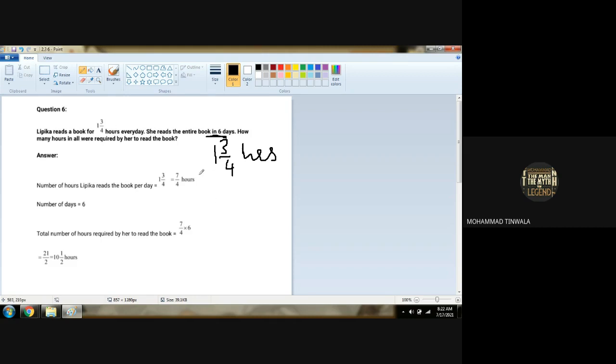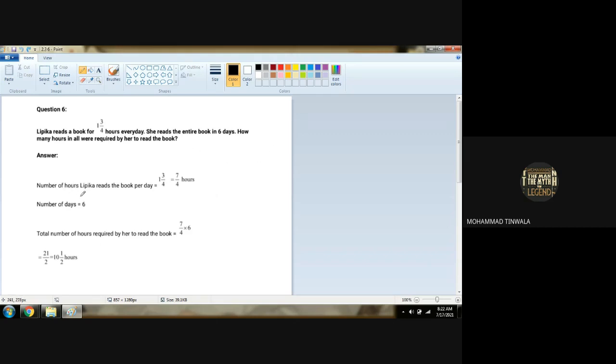So in 6 days she read the book. So can I multiply this with 6? Because they are asking how many hours in all were required by her to read the book, that is, how many total hours did it take her to complete the book. That is what they are asking, right? So can I multiply this by 6? So how to write this?